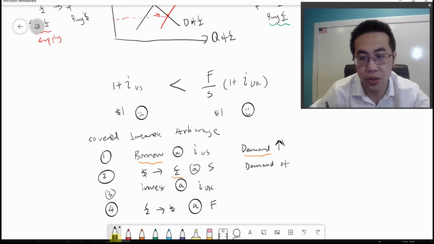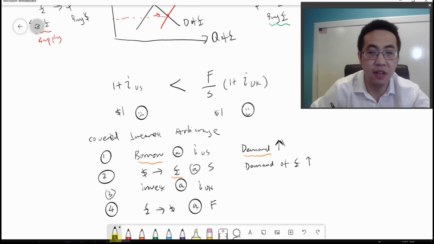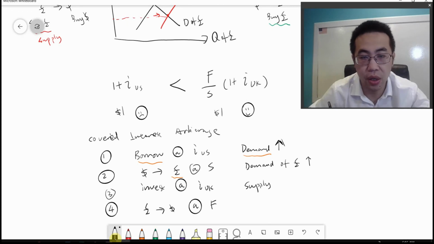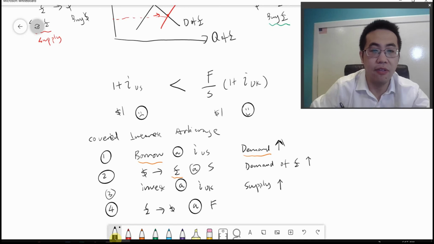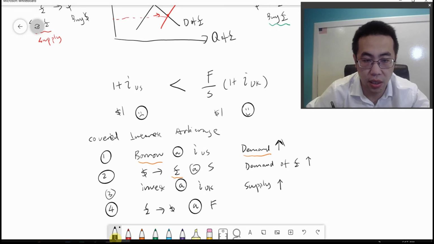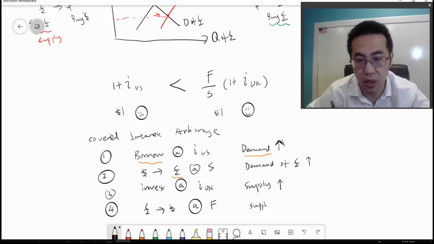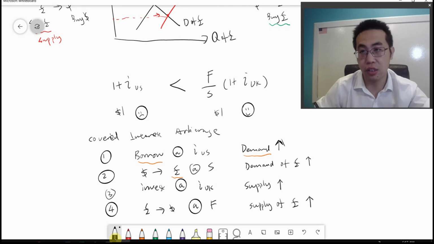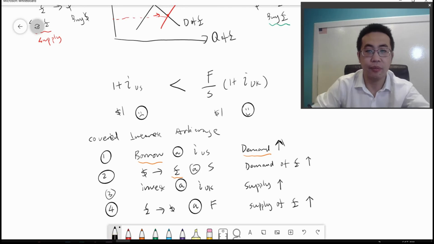Okay, demand of a pound would go up in the spot market. And if you keep investing in the UK market, that means the supply of loan in that country would increase. And if you keep converting pound to dollars with the forward contract, then that means the supply of pound would increase in the forward market, not spot market, in the forward market.